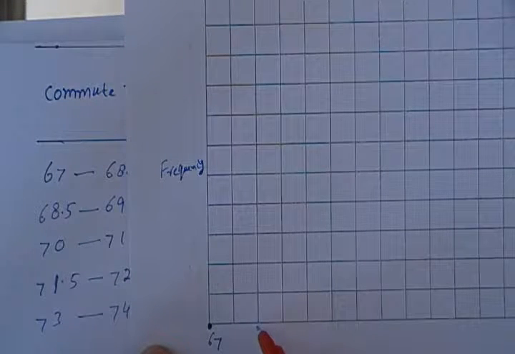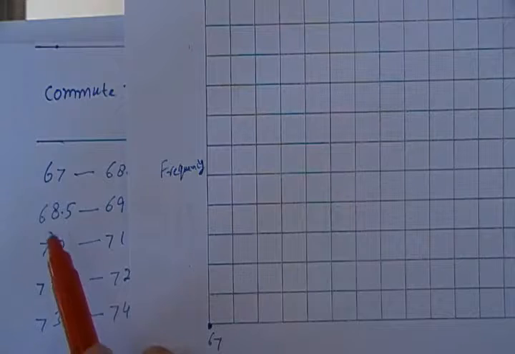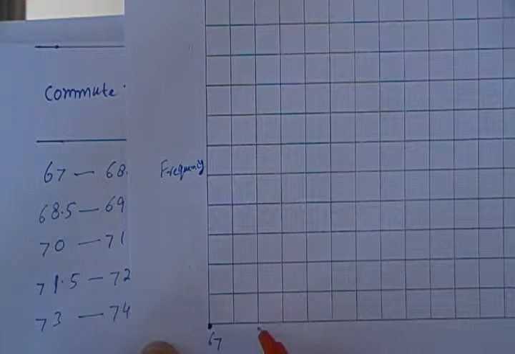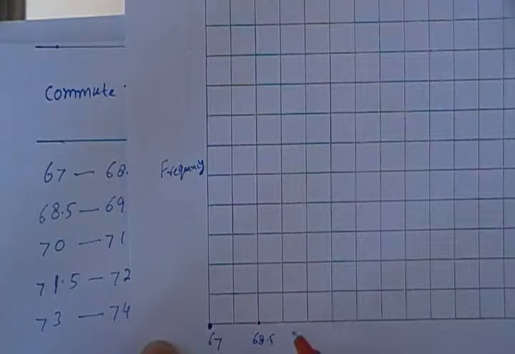Then the next is the lower limit of the next class, which is 68.5, so let me put 68.5 here. This would be our first class, from here to here.